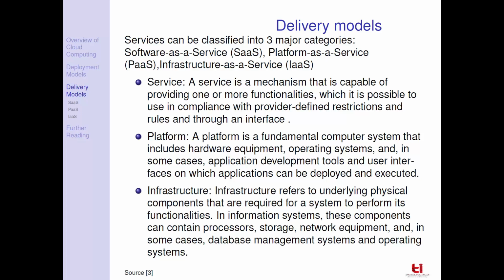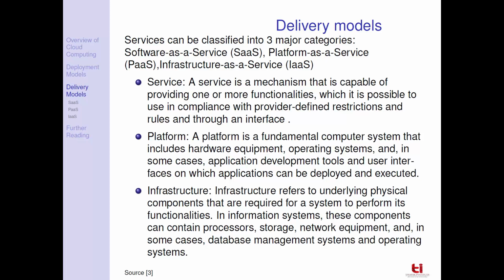Lastly, infrastructure. So let us look at this definition, that is what is meant by infrastructure. So infrastructure refers to underlying physical components that are required for a system to perform its functionalities.